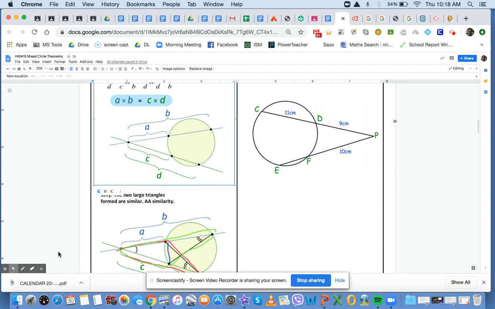Okay, and so let's look at an example. Here we'll call this X. We don't know what it is.